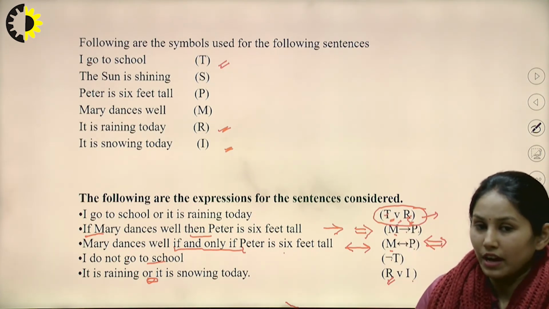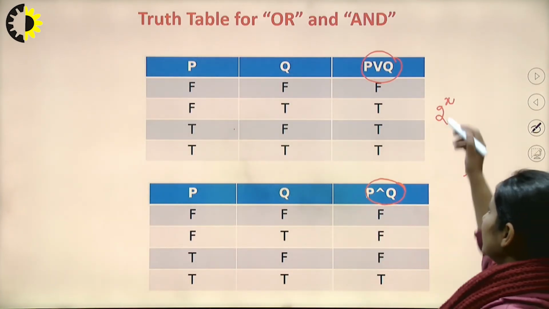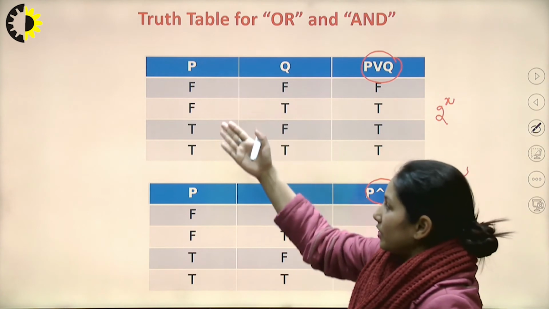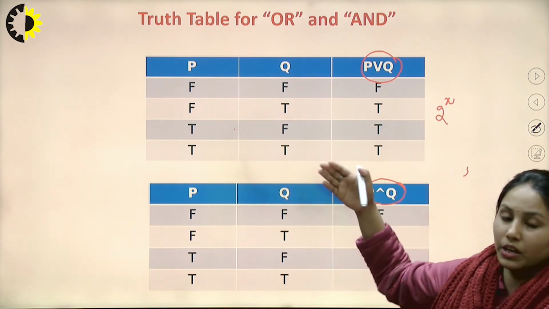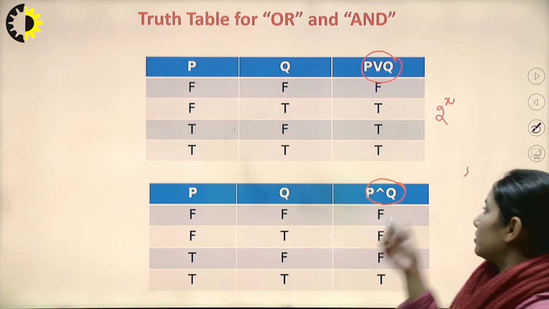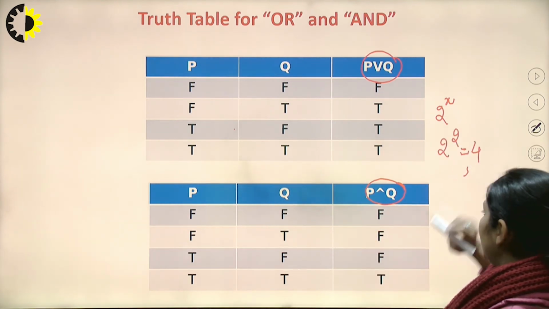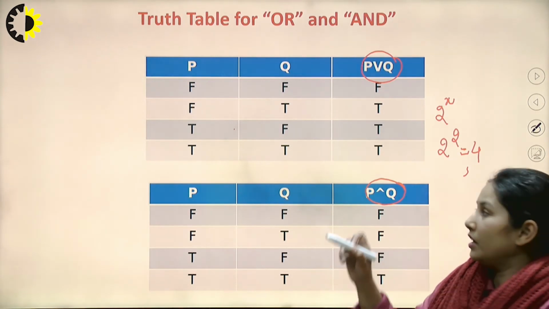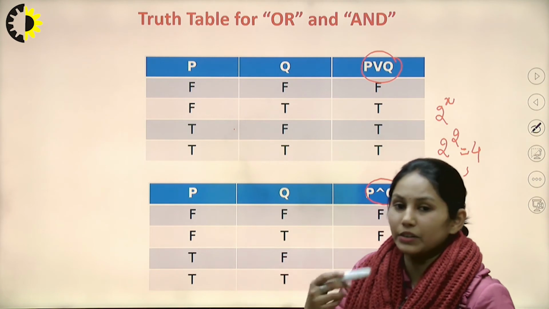Whenever you have only two variables, your rows are totally dependent upon how many variables you have. So this is 2 raised to the power 2, that is 4. It means you will have only 4 rows for 2 variables.